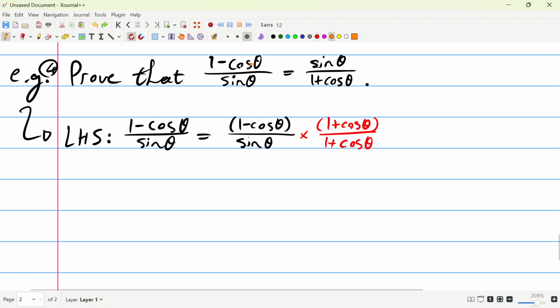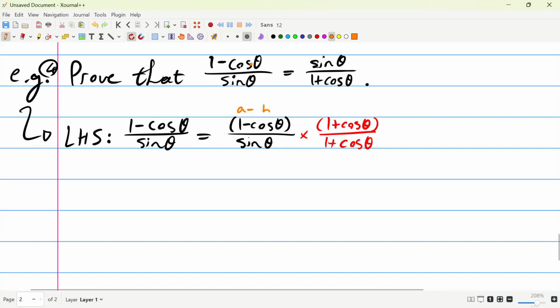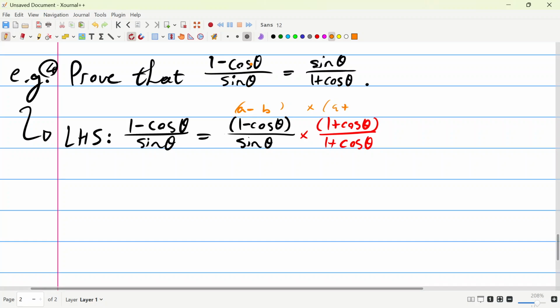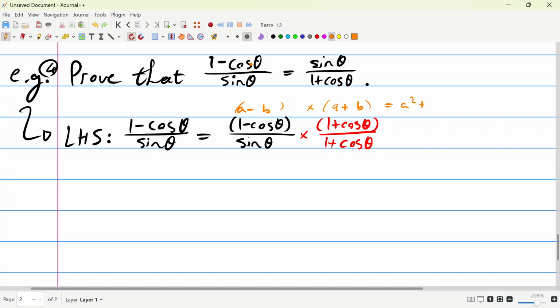And we got it now in the form of, do you remember perfect squares? (a minus b) multiplied by (a plus b). Do you notice that form over here? Which is then going to be equal to a squared minus b squared.